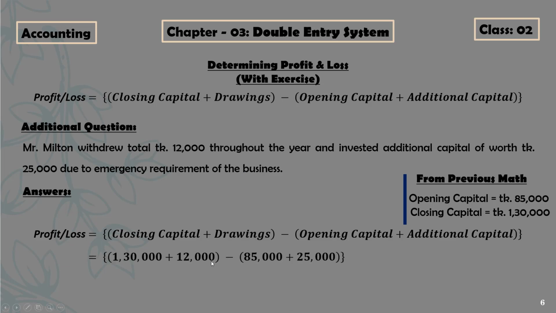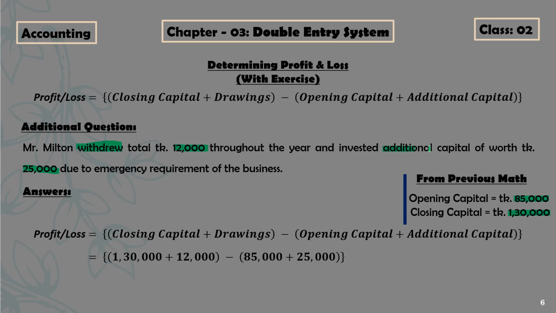Closing capital is taka 1,30,000, so I put 1,30,000 here. Drawings are taka 12,000, withdrawn throughout the year. Opening capital is 85,000, and additional capital is taka 25,000.